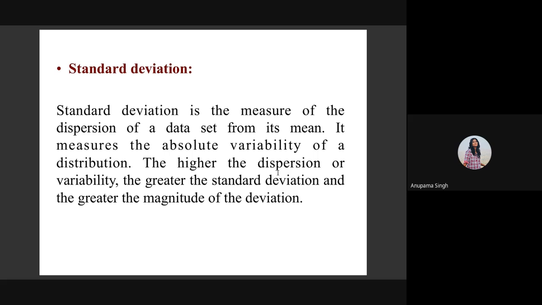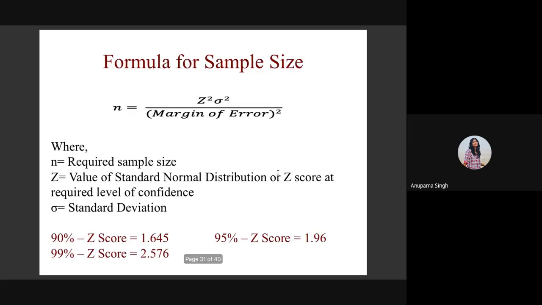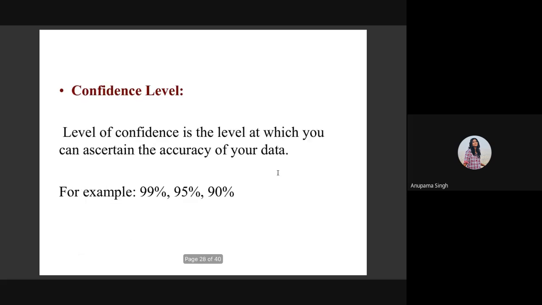Okay, so if mean is something and then your variation is something, then plus minus that variation will be your area of dispersion. So the higher the dispersion, the higher the standard deviation will be, and the population will be more dispersed. So you need to understand standard deviation.